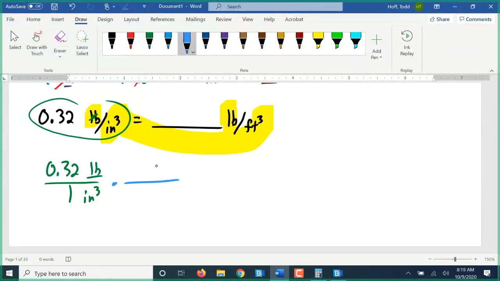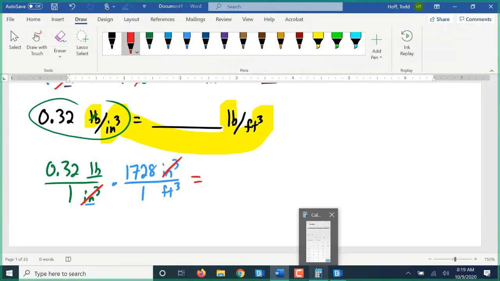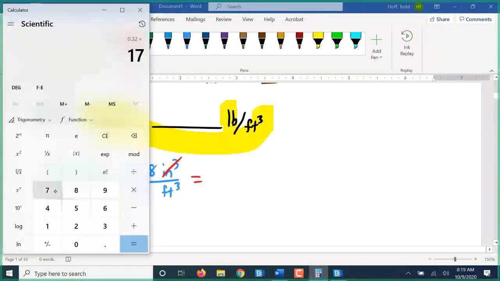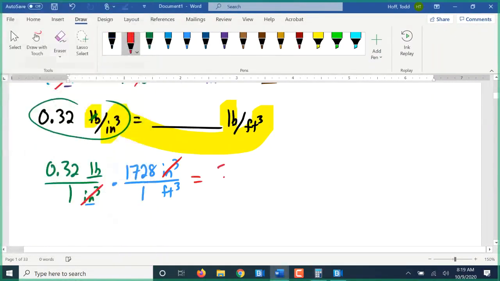We need to get rid of the cubic inches. Since they're on bottom, we're going to put them on top so they cancel out. The cubic feet is what we're changing it to. 1 cubic foot is 1,728 cubic inches. So the cubic inches cancel out. On top there we have 0.32 times 1728, which gives us 552.96 pounds.